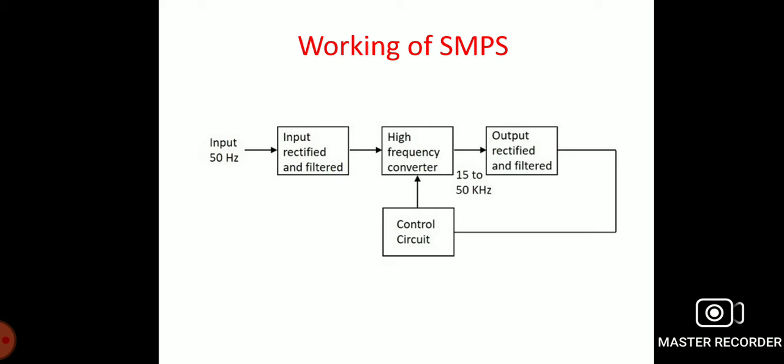So what is the function in this switching section? A fast switching device such as a power transistor or a MOSFET is employed in this section, which switches on and off according to the variations, and this output is given to the primary of the transformer present in this section.